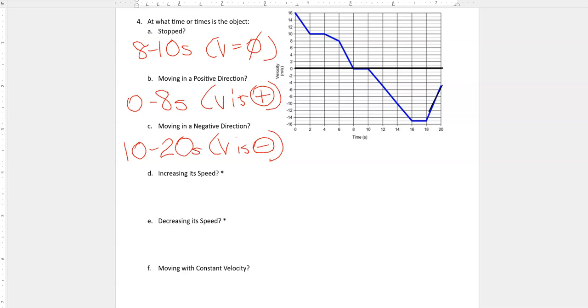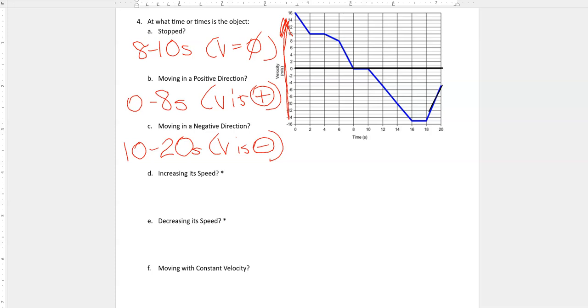Let's talk about velocity first. When is it increasing velocity? So the velocity is this axis, and anything at the top is higher than anything at the bottom for velocity. So anytime it's increasing speed, that is when you have a positive slope.